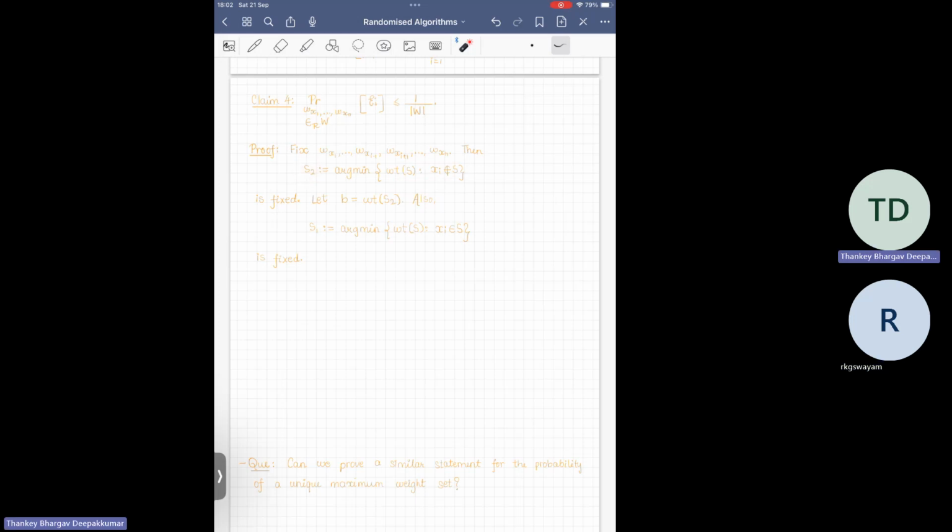There are lots of sets over here, but the set with the minimum weight becomes fixed, right? So by fixed, what do I mean?